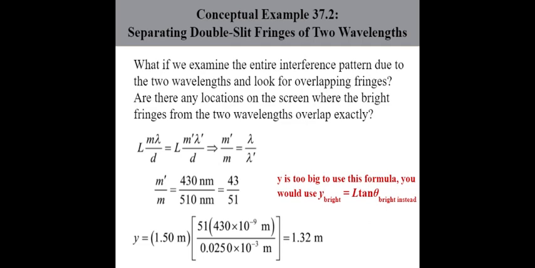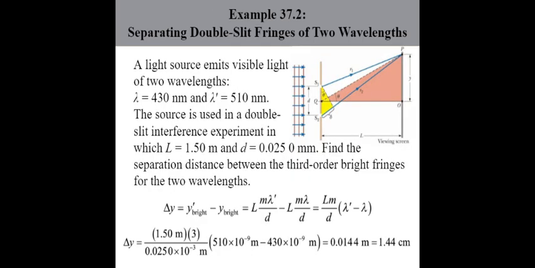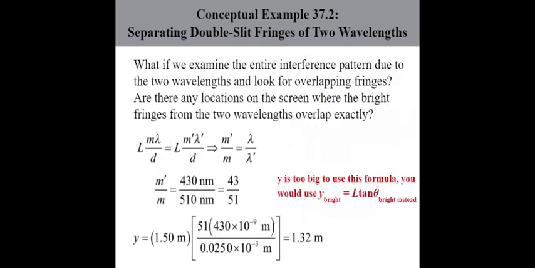But this formula assumes that y is much less than L, and in this case, the screen's 1.5 meters. So if you get a vertical position for a fringe that's close to L, like here, you can't use the small angle formula for y. You will have to use the normal formula where y is L times tan theta.